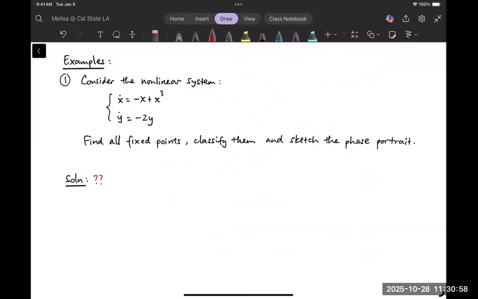You have a nonlinear system, dx/dt is minus x plus x cubed, and dy/dt is minus 2y. Find all the fixed points, classify them. Is it a sink, is it a saddle, or is it a spiral? And then sketch the phase portrait. The phase portrait that you sketch will contain all the fixed points, all the eigenvectors, and also the trajectories.